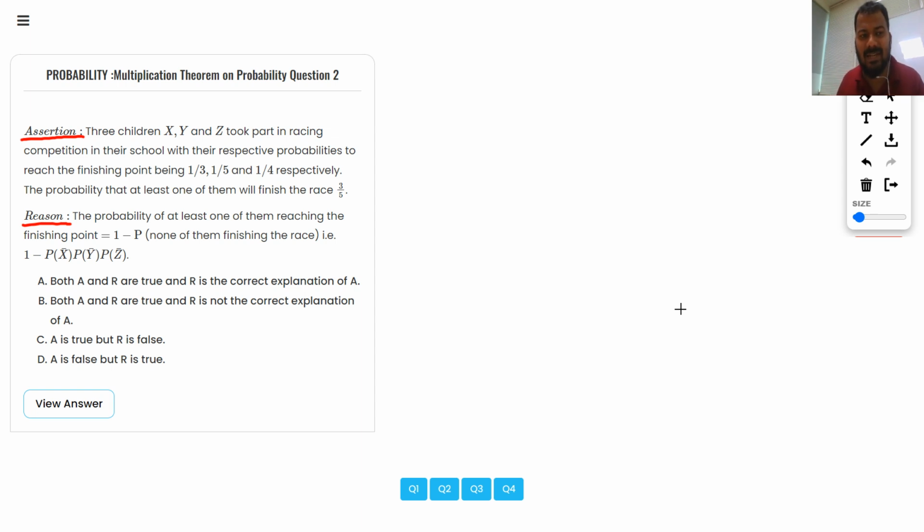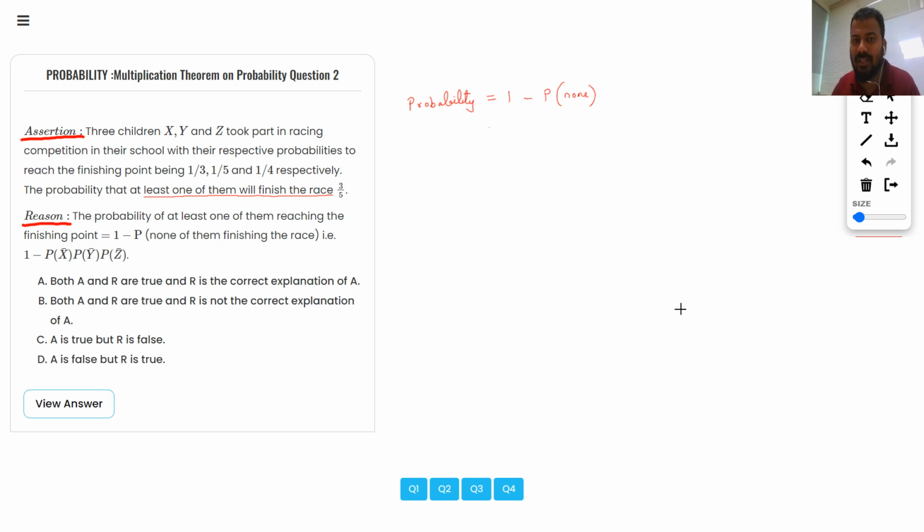So now they have said the probability that at least one of them will finish the race. Can I say that the required probability is given by 1 minus the probability that none of them will finish the race? If I take 1 minus none of them, it means that at least one of them will finish the race. That will be very easy.